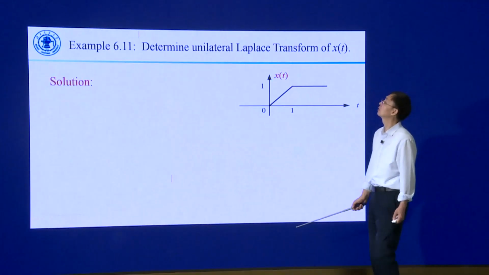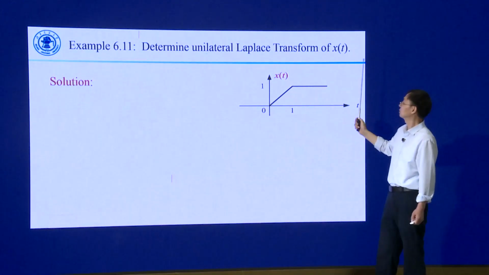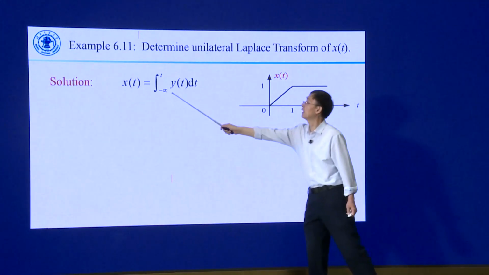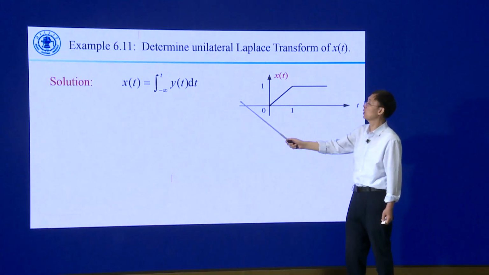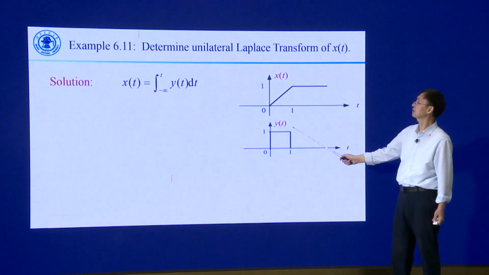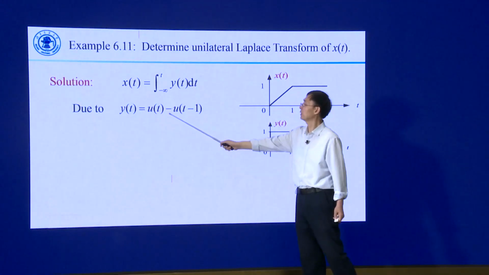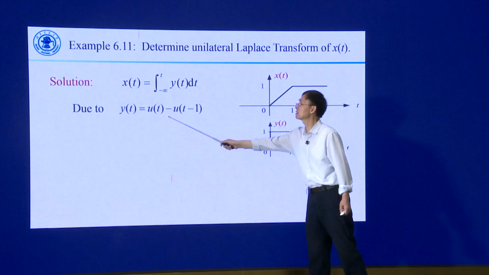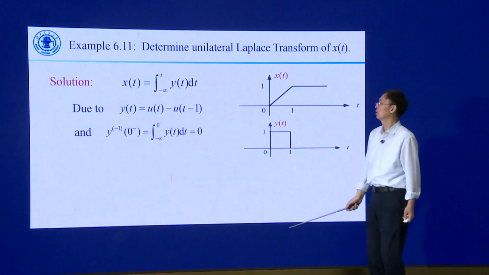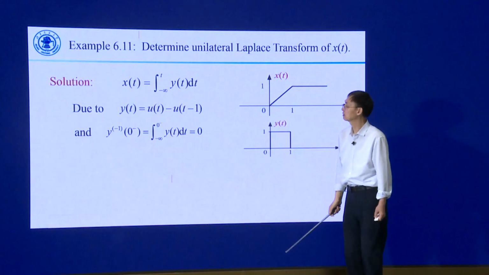For example, determine the unilateral Laplace transform of this signal. This signal x(t) can be expressed in y(t). This is the y(t) signal. The y(t) can be expressed in these step signals. We have now this condition is satisfied.